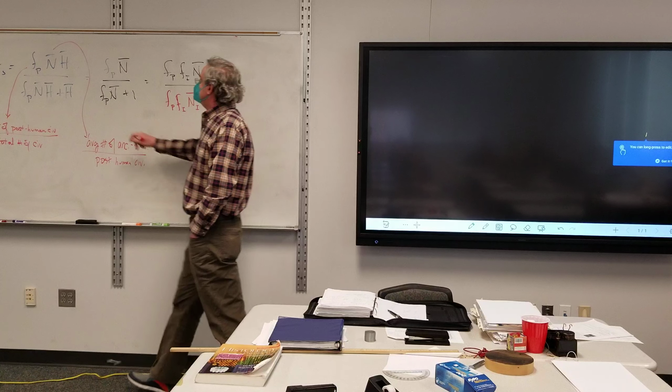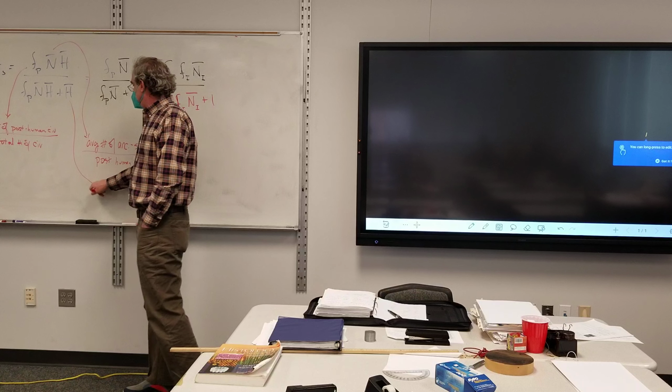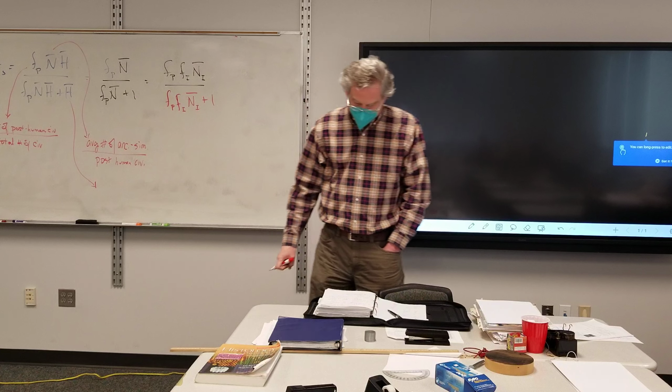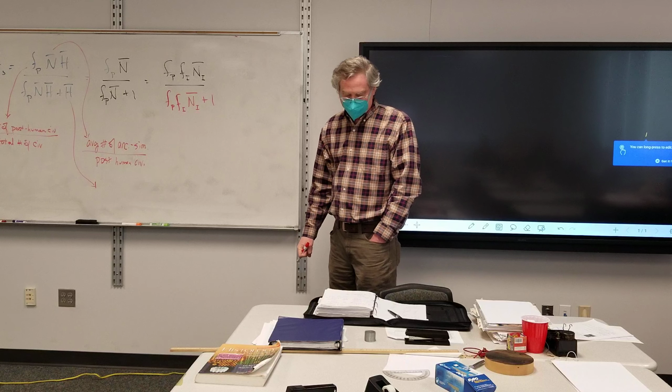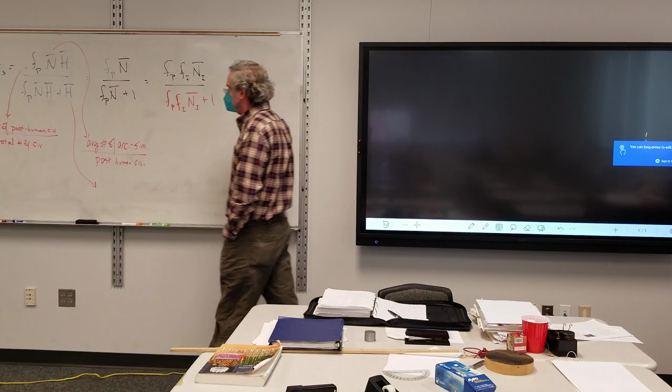H bar is the average number of individuals that have lived in a civilization before it reached post-human stage.